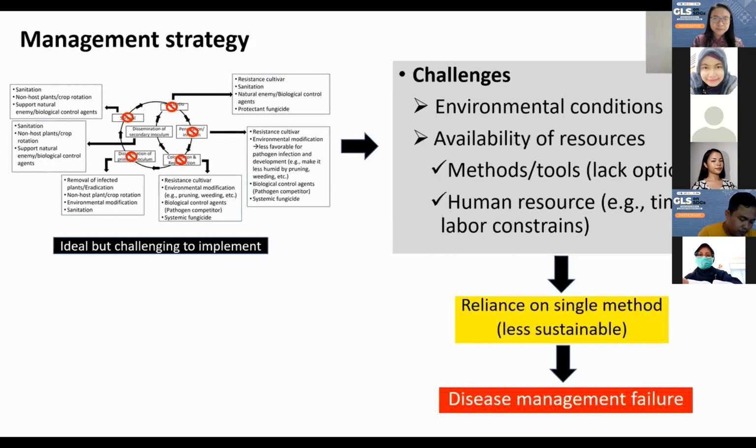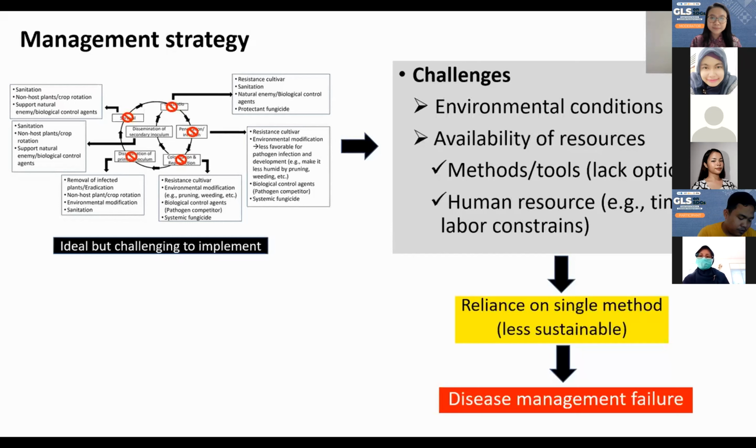They might be scheduled to spray at this time, but because of a storm or tornado or hurricane, they cannot go to the field and spray the fungicide, right? That can be an example of things that we cannot control, okay?